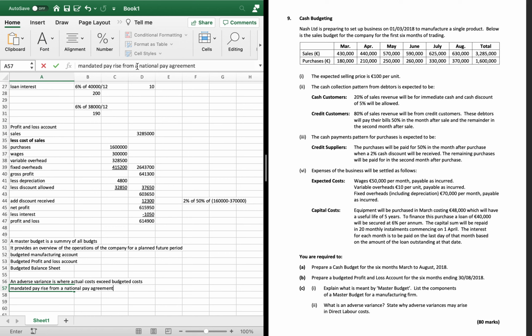So if something like that comes in that you don't know about, you could have more labour hours to produce the goods. So anything like that. Okay, that should get us full marks.